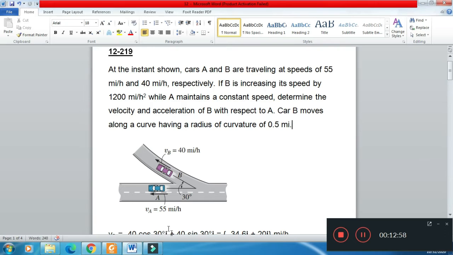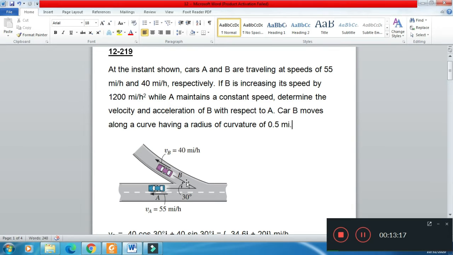In this problem, there is a car traveling, car A, in the horizontal direction towards the left, and there is another car, B, which is moving in a curved path. The velocities are given.